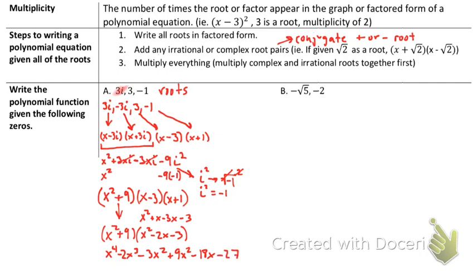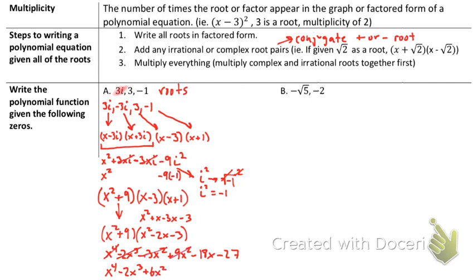And then last but not least, we are going to combine like terms. So x to the fourth, there's no other x to the fourth, gone. X to the third, we got negative 2x to the third, there's no other x to the third, gone. Negative 3x squared and positive 9x squared, that gives me positive 6x squared.